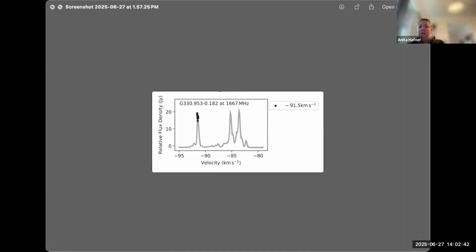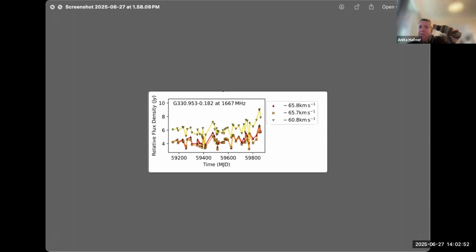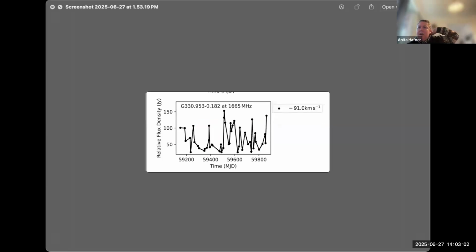They probably are associated, and again, they don't have anything approaching that weird behavior. This is the closest one to that wacky one in 1667, so it's not doing the same thing. And again, the other ones at around 60 kilometers per second are varying a lot, but nothing is as strange as that. So yeah, I want to know what's going on there.